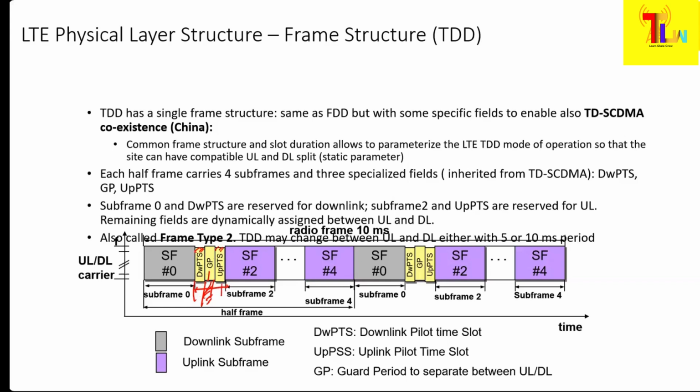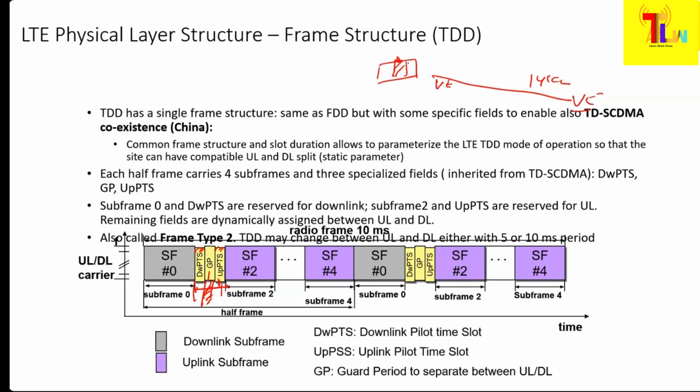This structure is based on how much data you are sending for downlink, how much for uplink, and then the guard period. The GP also has a different length. In some cases where the UV is at a very high distance, say 14 kilometers, the GP is required to be very long because a very delayed version of the signal is coming. If the UV is very near, the guard period length should be very small.